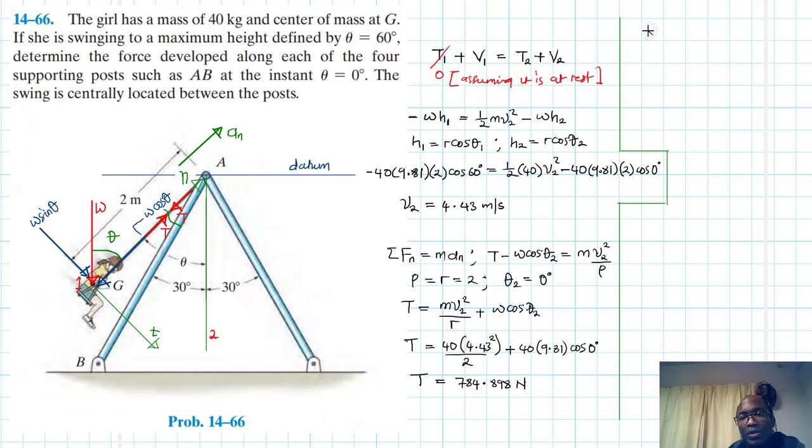So using joint method to calculate the member forces at A. So this is joint A. At A, we do have this particular tension force, which we just calculated.